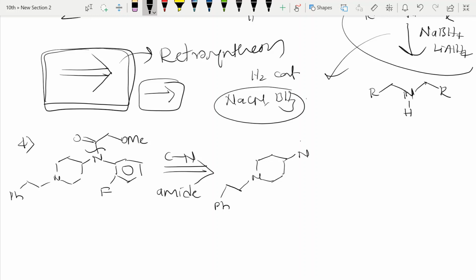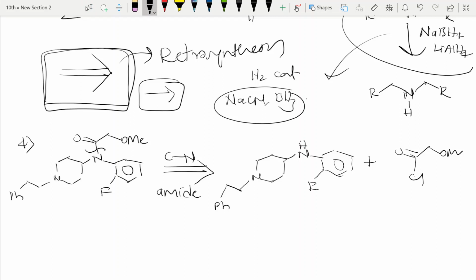Instead of writing the intermediates, I will write the reagent directly, and here I will get COCH2OMe and Cl. I hope it is understood.